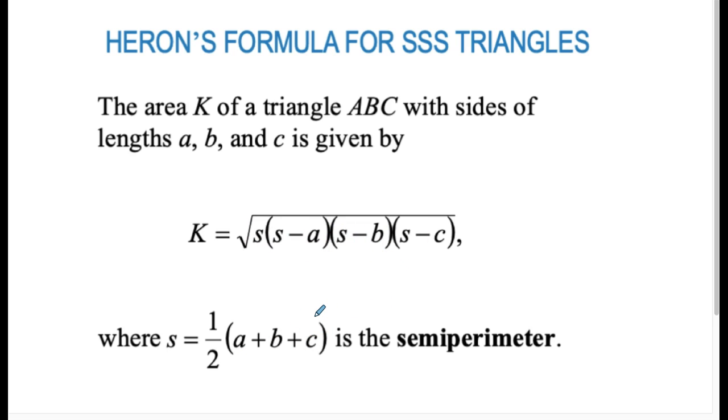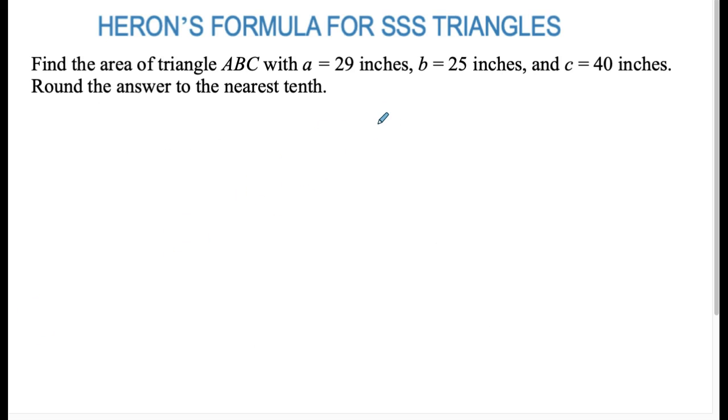Right? So let's go through an example here. So let's just say we've got a triangle with sides of 29, 25, and 40. So to use our formula, the first thing we need is S, the semi-perimeter.